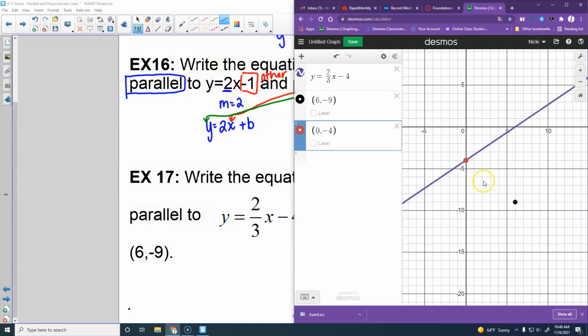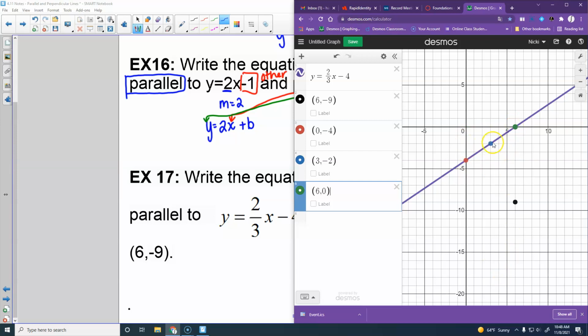Alright, so you graph this point, and then you went up to the right 3, and you graphed this point. And then you went up to the right 3, and you graphed this point. Alright, I'm just typing this in so they'll show up for me. There, so you graphed these points.